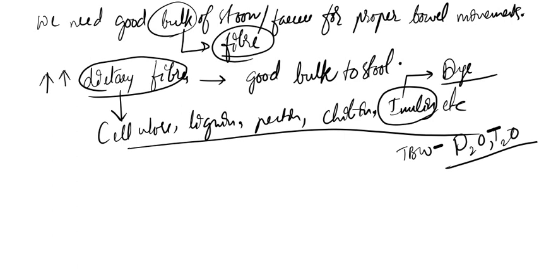Okay, so that is all about dietary fiber and its advantages. Now we will discuss some words and their comprehensive meanings. If you talk about food, then obviously we are indicating a movement, that is peristalsis.